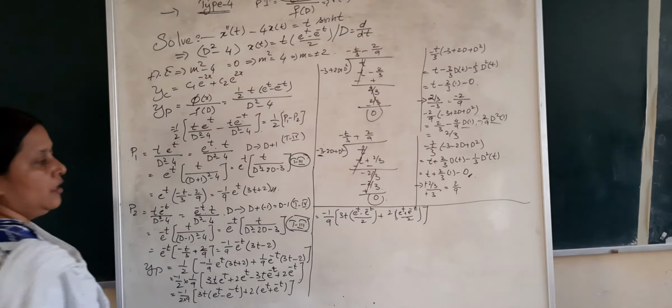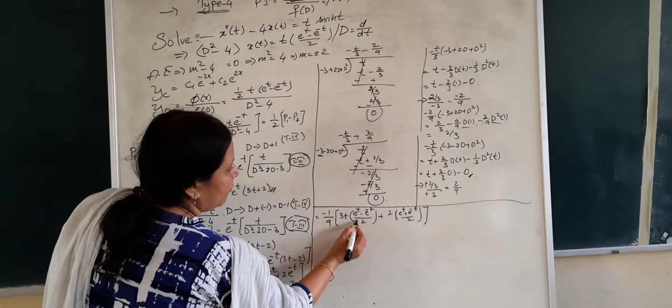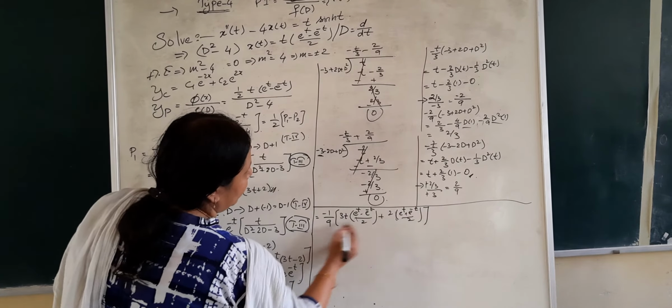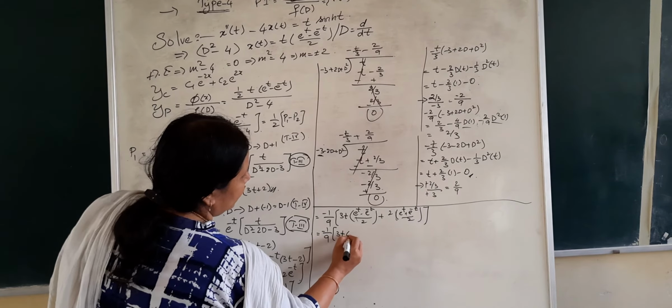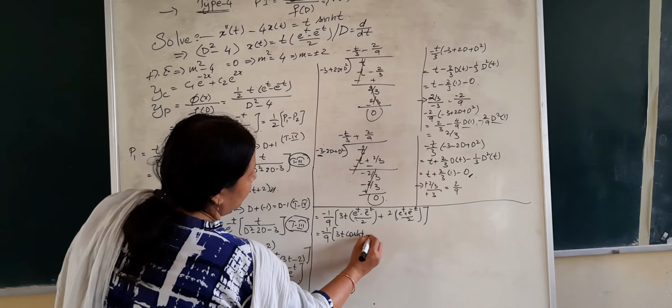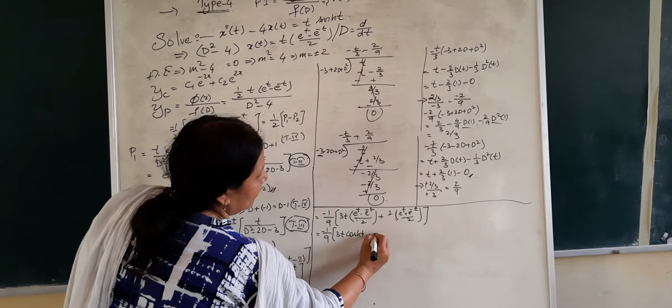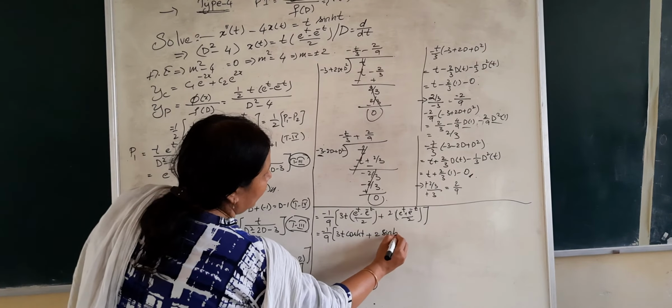Okay, so this is nothing but our hyperbolic sine and this is hyperbolic cos. So minus 1 by 9 3t sine ht plus we have 2 times of cos ht.